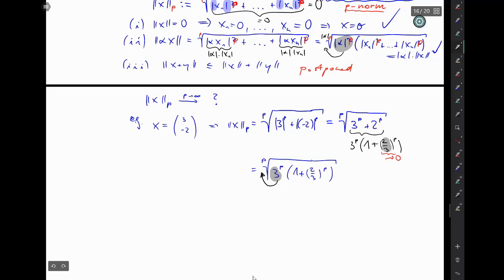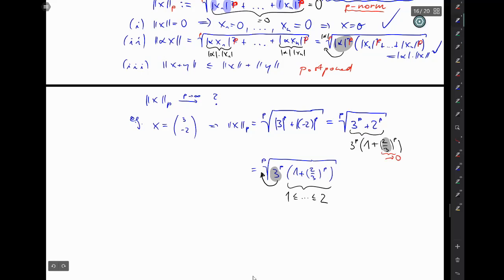So what remains under the root is 1 plus something, and the something goes to 0. How about that argument? We could say that this term is between 1 and 2, okay? No matter what the value of p is, it's always greater than or equal to 1, but always less than or equal to 2.